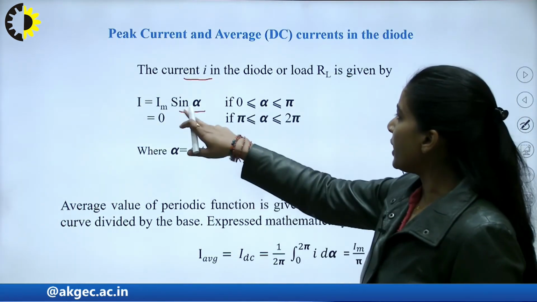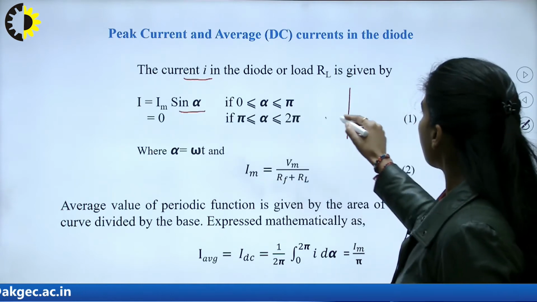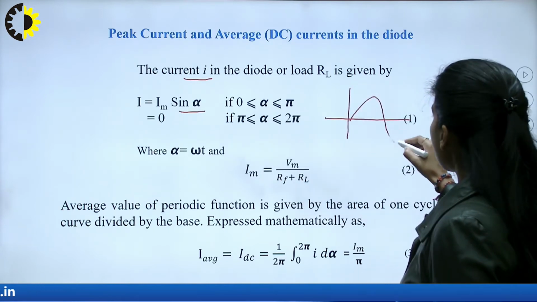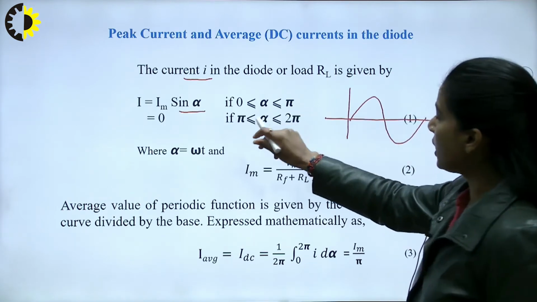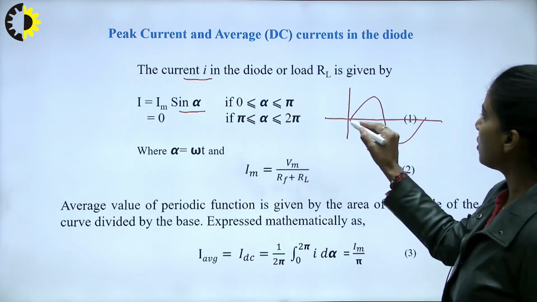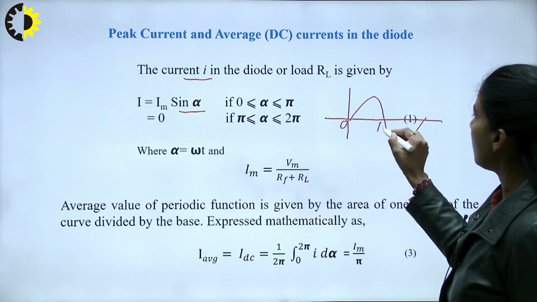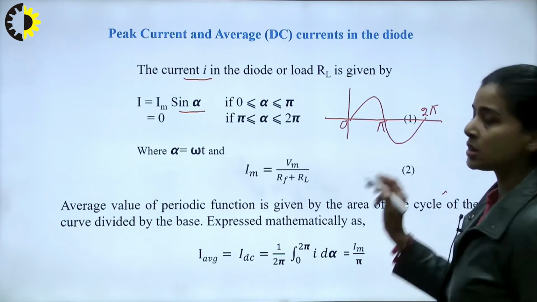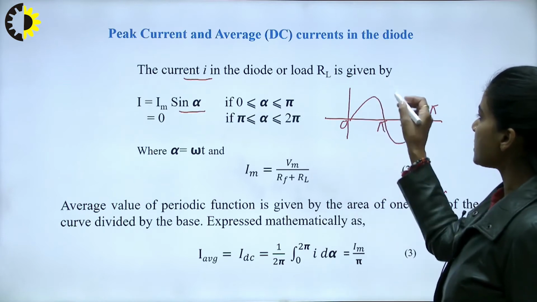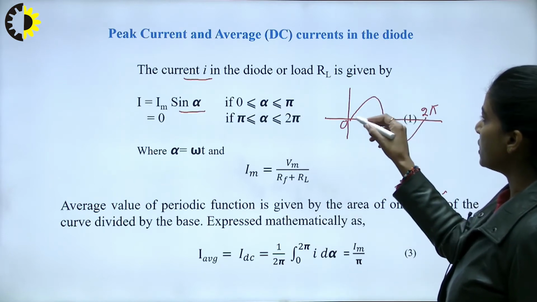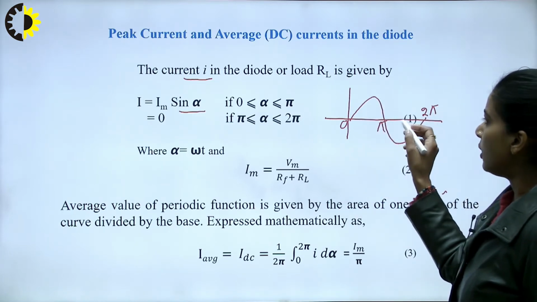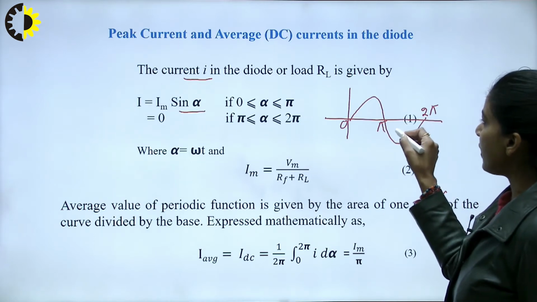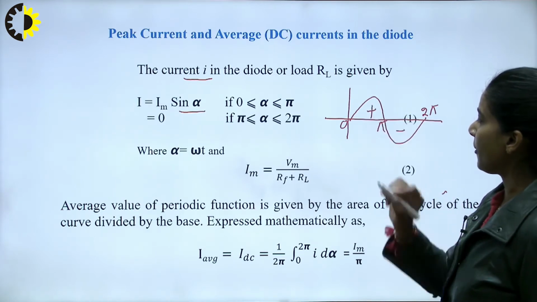So, we can define that sinusoidal pulse. With this representation I have taken the value from 0 to pi. So, if it is 0, pi and 2 pi, the complete cycle is 2 pi and it has some value in 0 to pi, and in pi to 2 pi its value is negative.